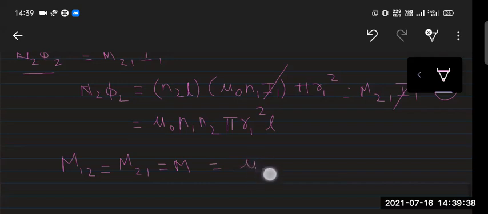So it will be mu r times mu naught into n1, n2 into pi r1 square into L.